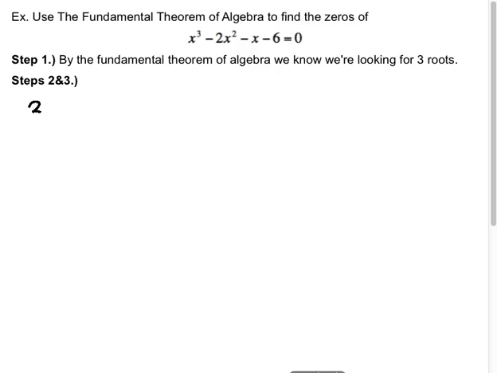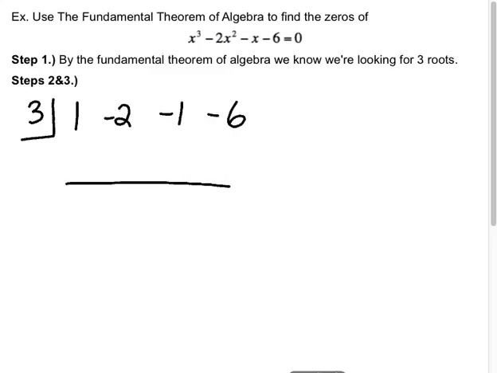So I'm going to take that number 3 and I'm going to pull it out. I'm going to kind of factor it out using that synthetic division. 1x cubed, negative 2x squared, negative 1x, and negative 6. Pull down the first number, multiply, add, multiply, add, multiply, add.